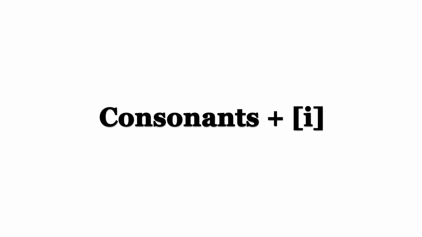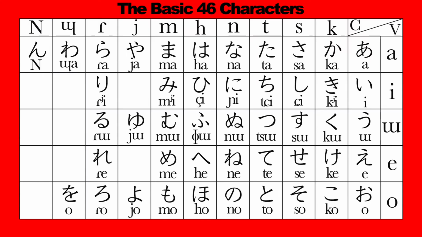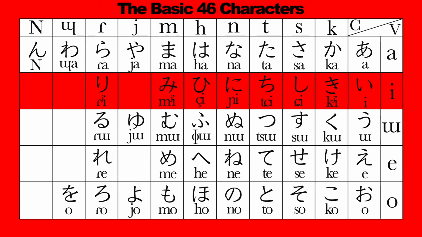Number 1, consonants followed by the I vowel. In this chart, consonants in this row are affected by the I vowel. So the tongue position for the consonants followed by the I vowel changes.